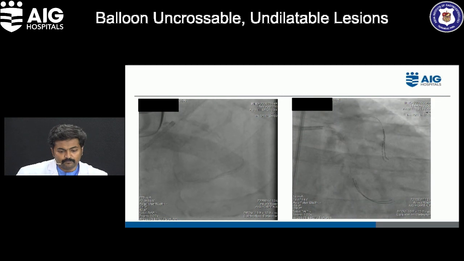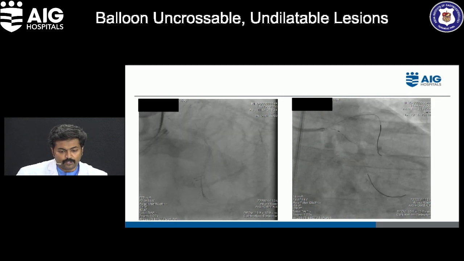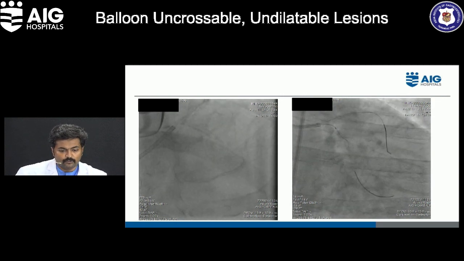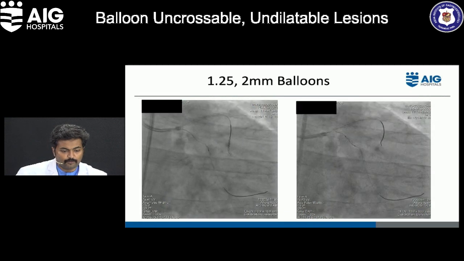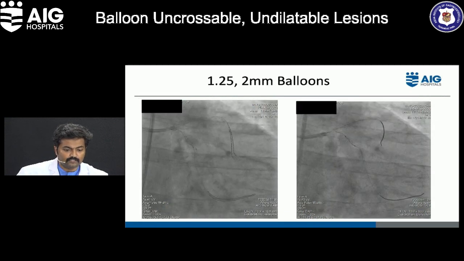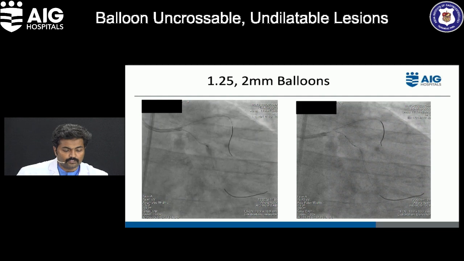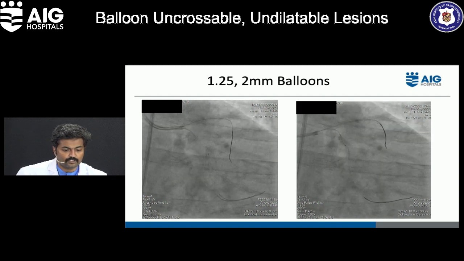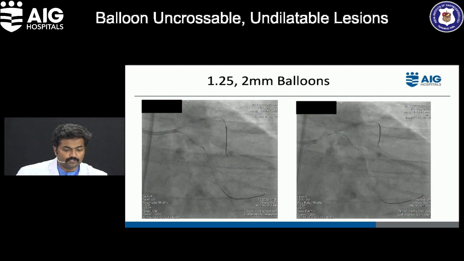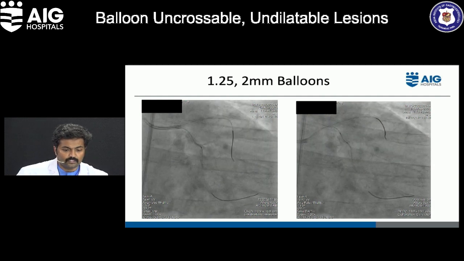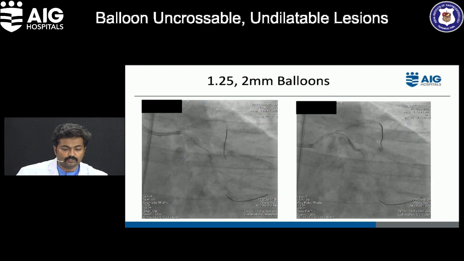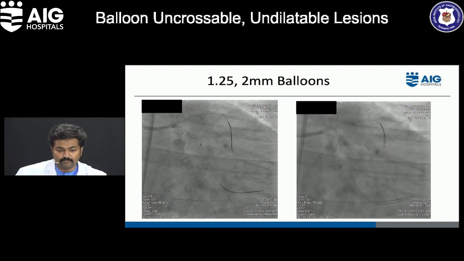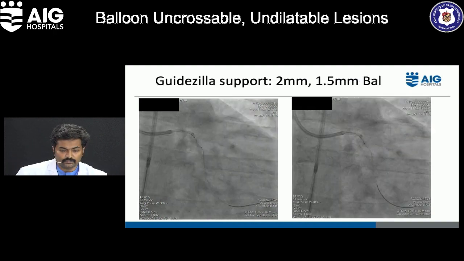So the LAD and LCX both were wired, and we took a 1.25 low profile balloon and started trying to cross the lesion, but the balloon was not crossing, and in fact rupturing. You could see the balloon rupturing there and extravasation of the contrast, and the 2 mm balloon was not crossing the lesion. You can see the guide backing out since the balloon was stuck there.